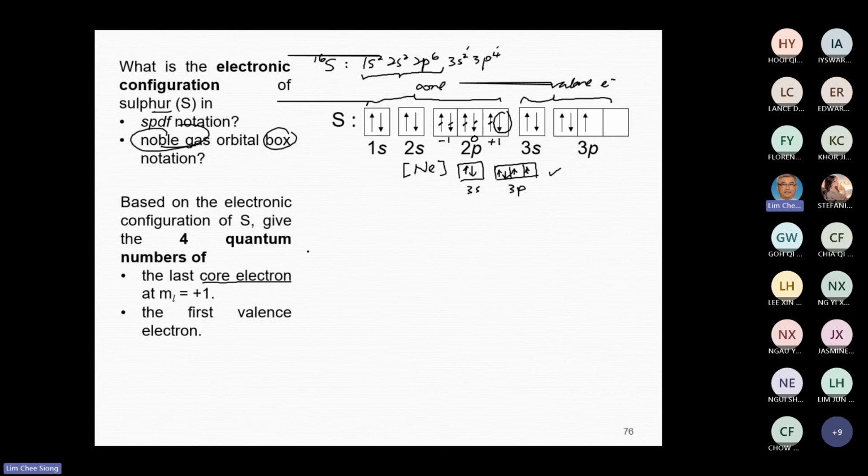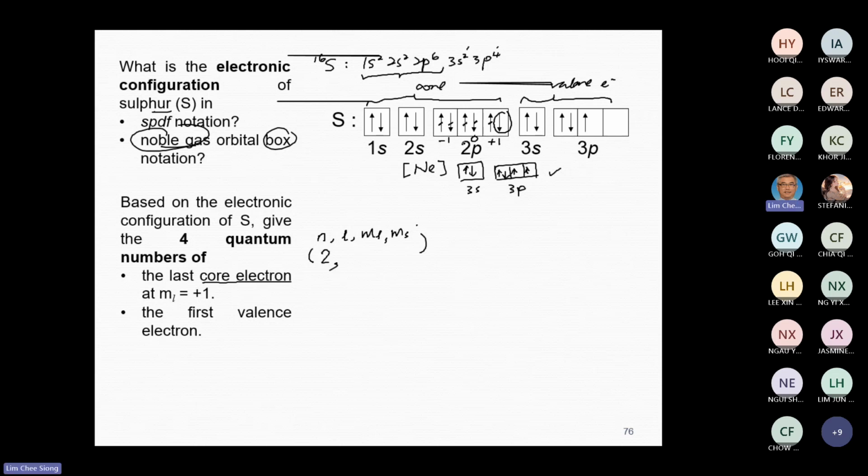Now we write down the last core electron quantum numbers. Okay, you can write in 2 formats. Either you can put brackets, or you can write it directly. For example, n, followed by l, followed by ml, followed by ms. So we can write out the numbers. Yes, n equal to 2.